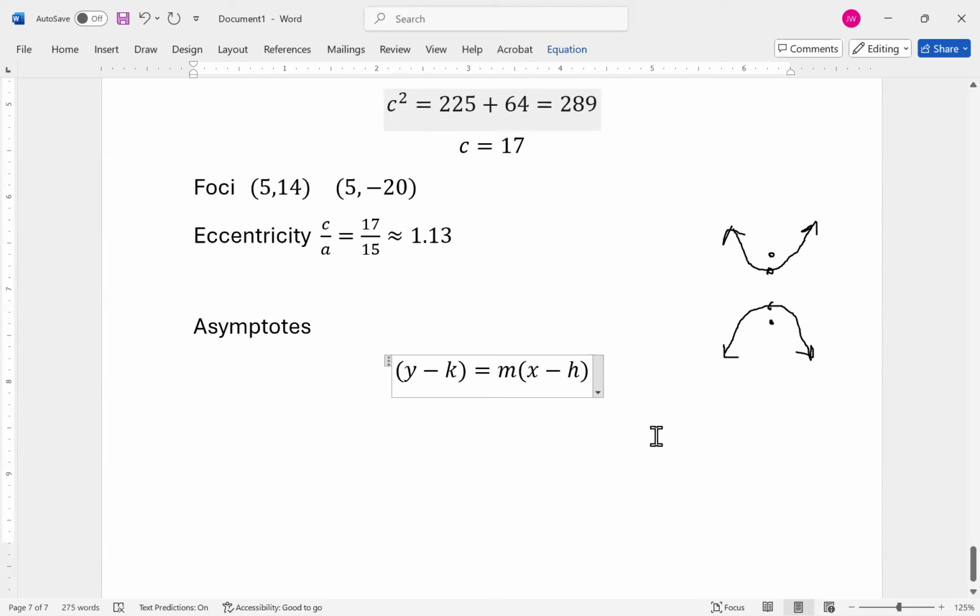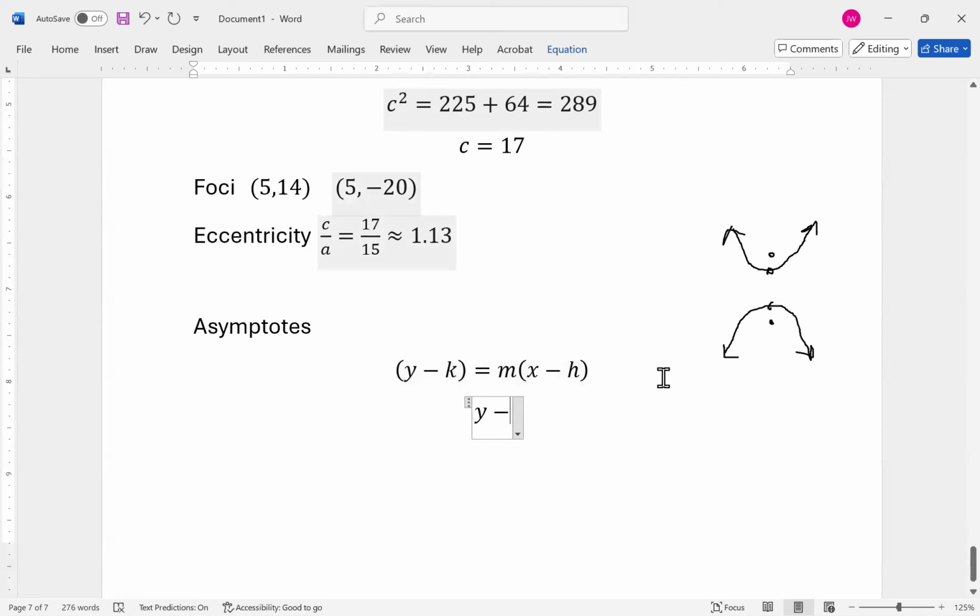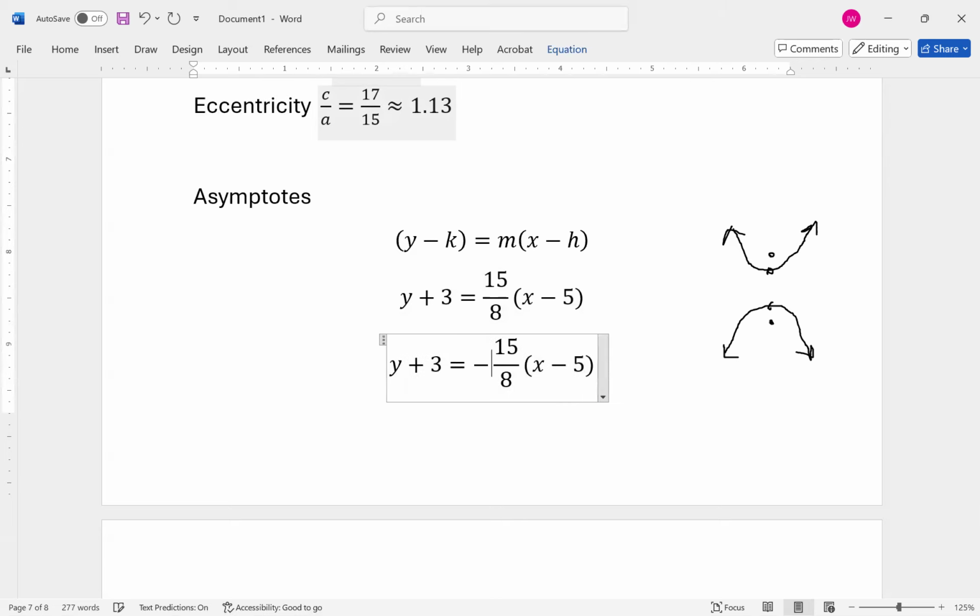So the two asymptotes here would be, the center there is (5, -3), so y plus 3 equals 15 over 8 times x minus 5. That would be one asymptote, and the other would be just like it, except with slope of -15 over 8. So that's how you get the two asymptotes.